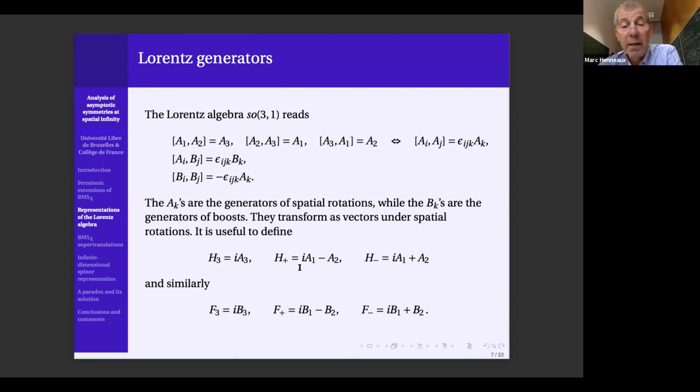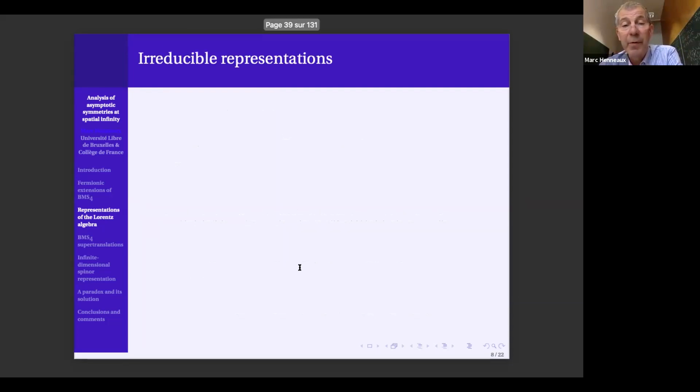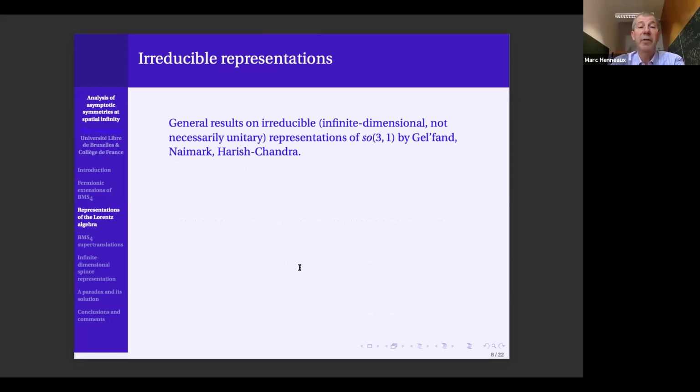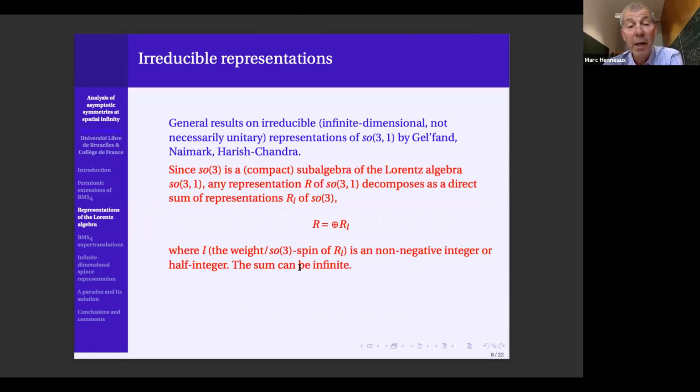And then how do you describe the representations? Well, the general results, as I said, have been derived some time ago. And since SO3 is a compact subalgebra, you know that any representation of the Lorentz algebra will be also a representation of SO3.